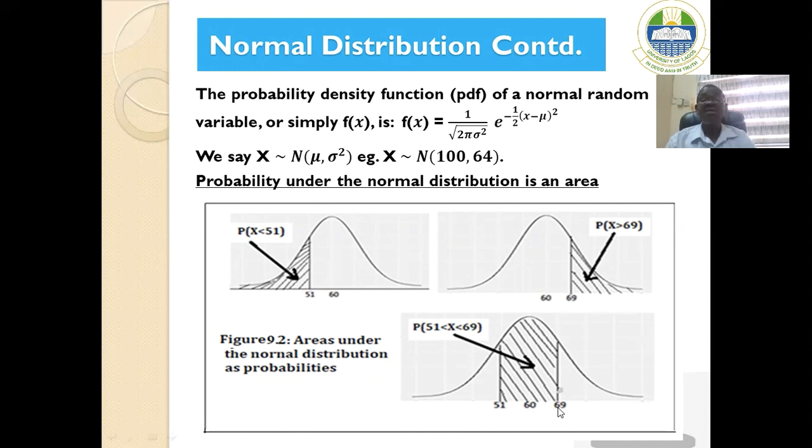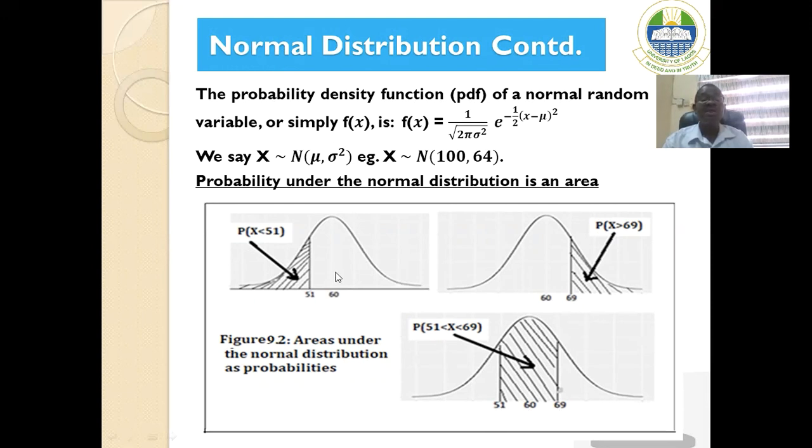In the normal distribution, you can't find probability that a normal random variable is a specific figure, like probability that x equal to 40. No, it is 0. There's nothing like that. Probability that x equal to 70 is 0. For any normal random variable, probability that x is a fixed quantity is 0.